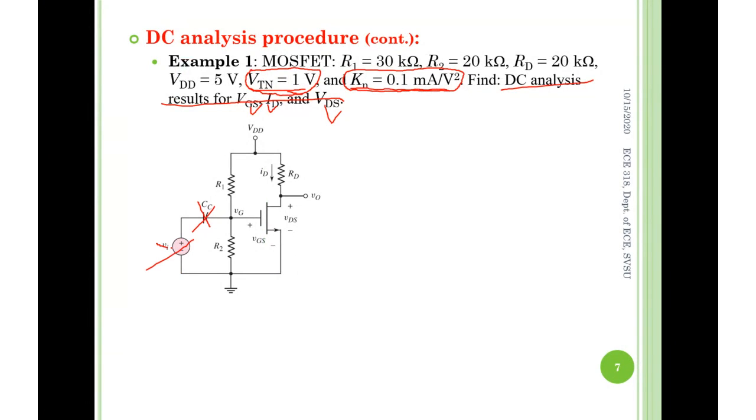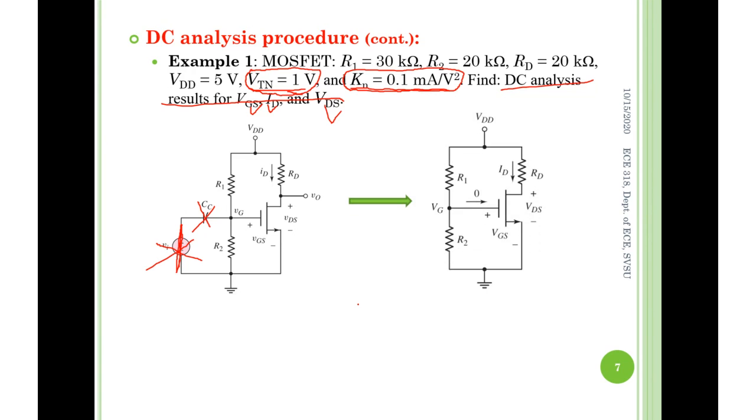Get rid of the AC source by shorting it out, since this is a voltage source. So the rest, the remaining DC circuit, looks like this, right? Does it make sense? This is the first step. You obtain the correct DC circuit. Capacitor open, get rid of the AC source, and whatever is left is the DC circuit.